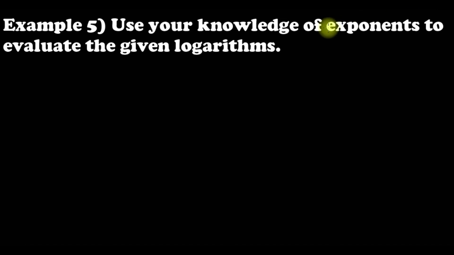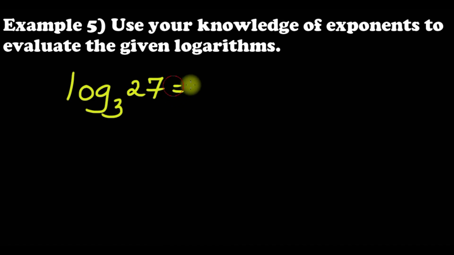So let's take a look at an example where you have to use your knowledge of exponents to evaluate the given log. Here you're given log base 3 of 27, and you have to evaluate this. We are looking for the exponent, so we're going to call it x.